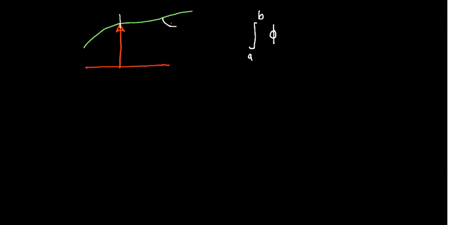I'll draw it again. I have some function something like this. Now this function is continuous and its derivative exists at that point, but for del of t it doesn't. This is a generalized function. I define this as an integral between two limits, with phi of t being any function and del of t as the impulse.